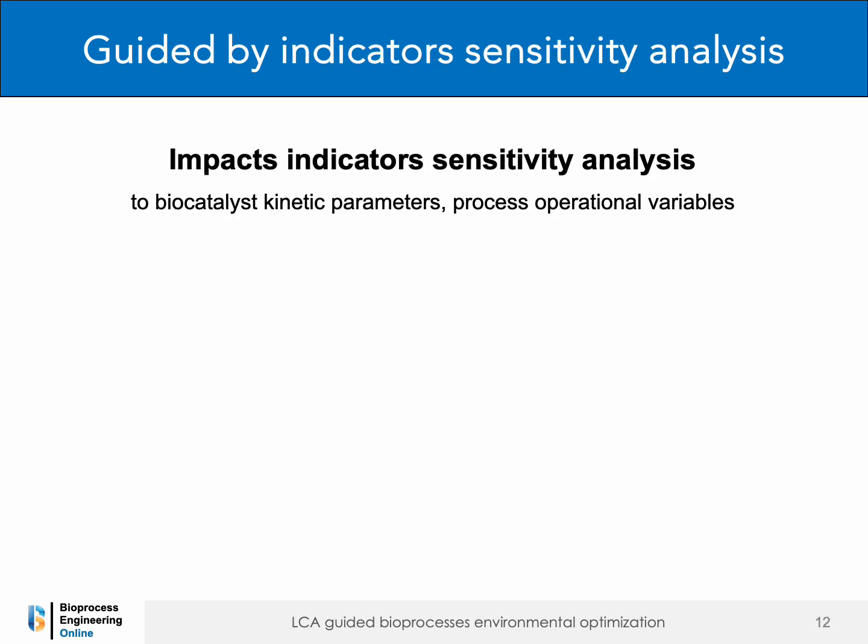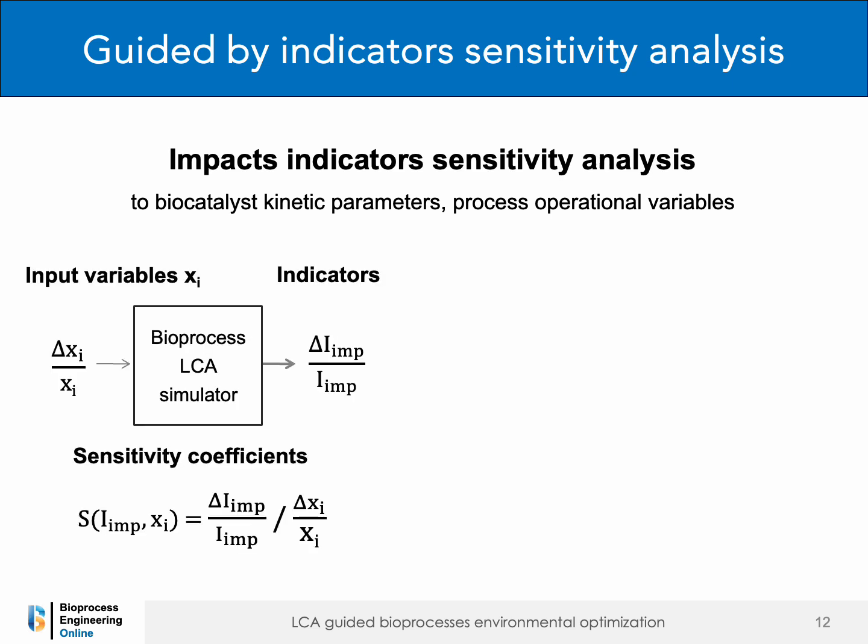The environmental optimization strategy is further informed by a sensitivity analysis of impact indicators relative to various process variables. These variables encompass the kinetic parameters of enzymatic or cellular biocatalysts, as well as operational factors such as concentrations, temperature, flow rates, and operation duration within unit operations.